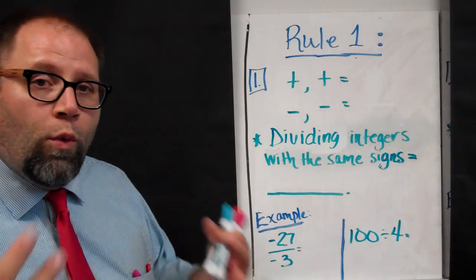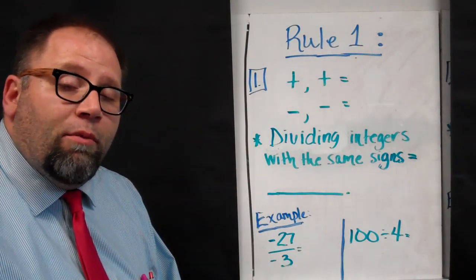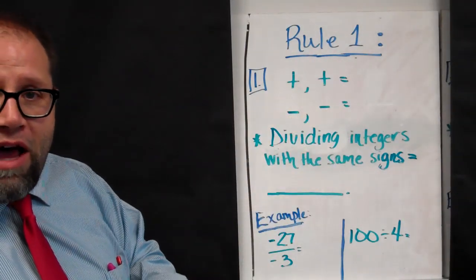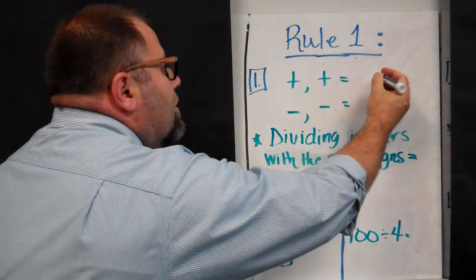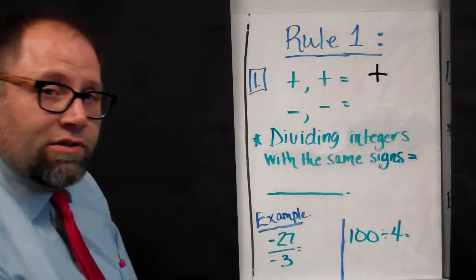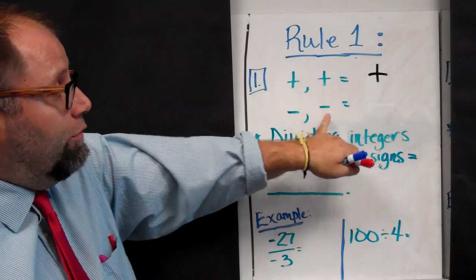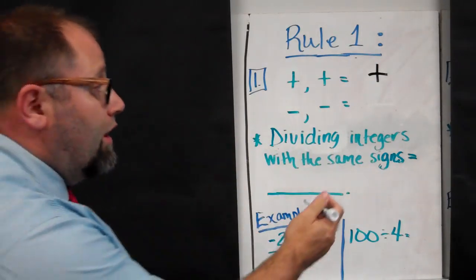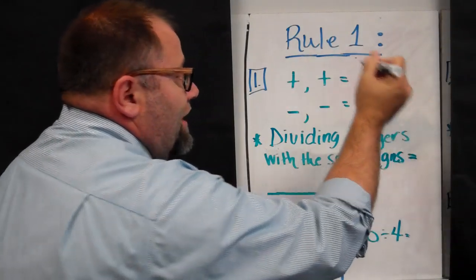So rule one is going to be the same as multiplying integers in that when we divide a positive by a positive, when we divide by the same sign, we end up with a positive answer. And consequently, when we divide by the same sign, if we divide a negative by a negative, we also end up with a positive answer.